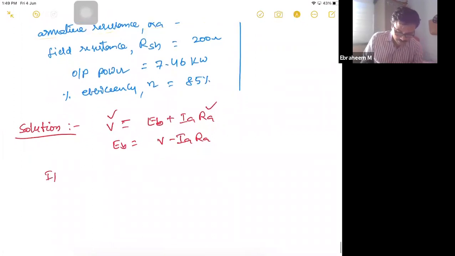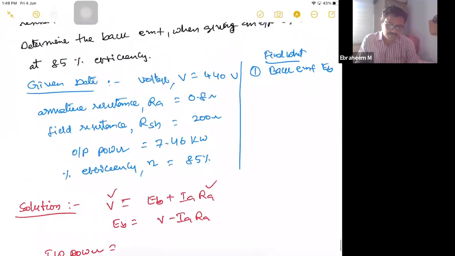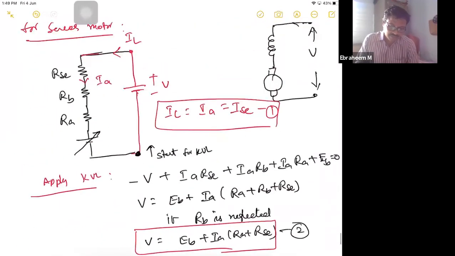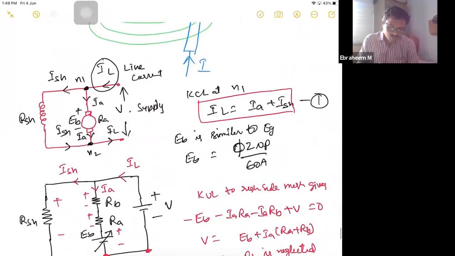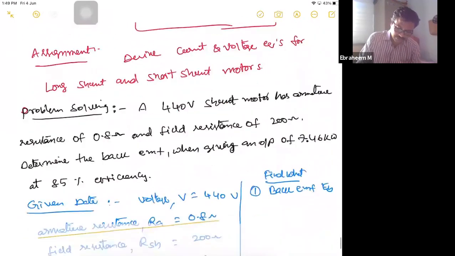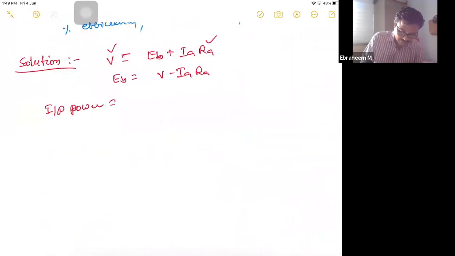So input power to the shunt generator is what? If you see the figure, input power is V into IL. But efficiency is given.